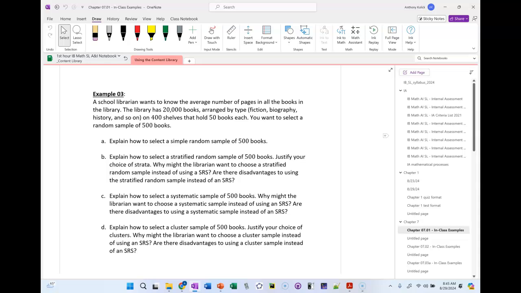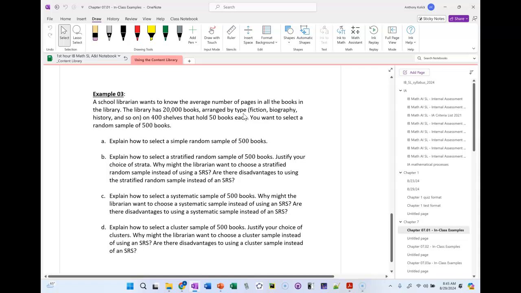Why might the librarian want to do this method instead of the simple random sample? So it's arranged by type. The library is arranged by type.